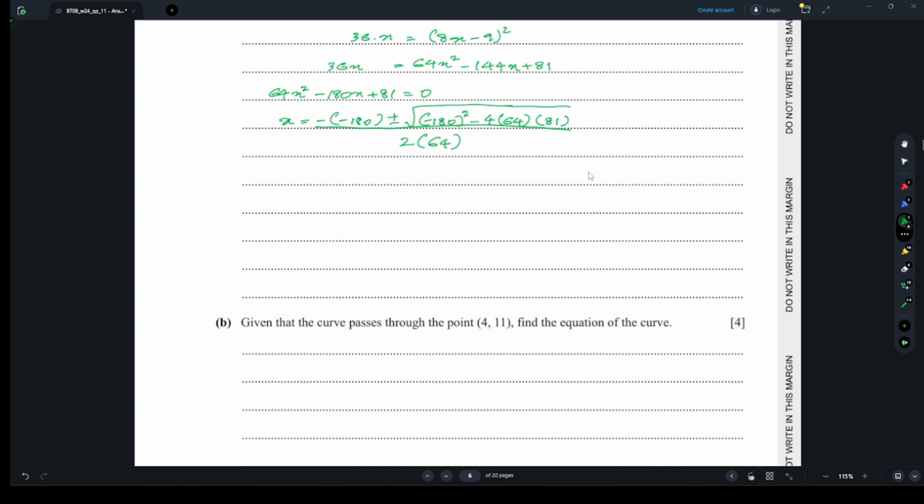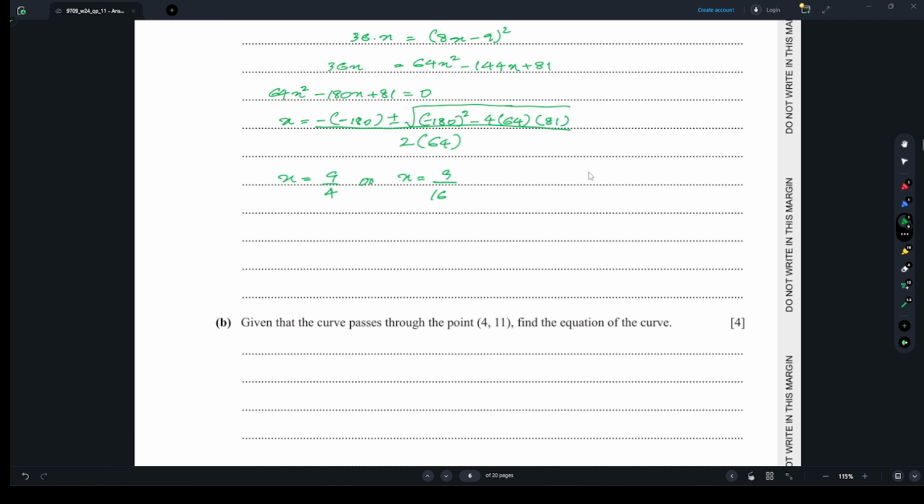So you can simplify this one, and you will find x equals 9 over 4 or x equals 9 over 16.